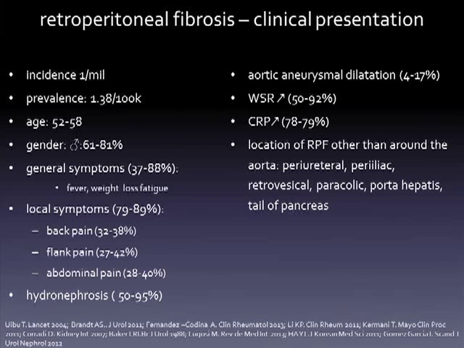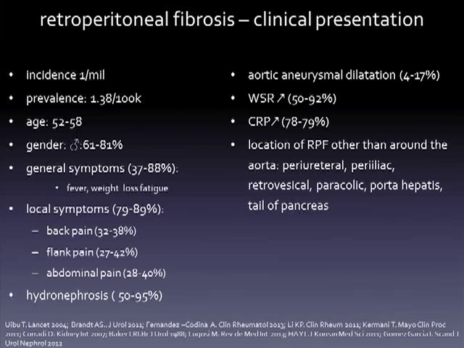I tried to summarize. I had a very nice, long, and unreadable table that basically gave you all these numbers. So I summarized it and I put the percentages of the frequency of symptoms. SED rate and CRP are usually, but not always, elevated. And I just put this part here because we call it chronic periaortitis.